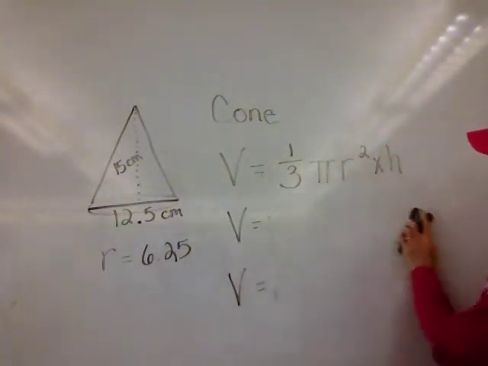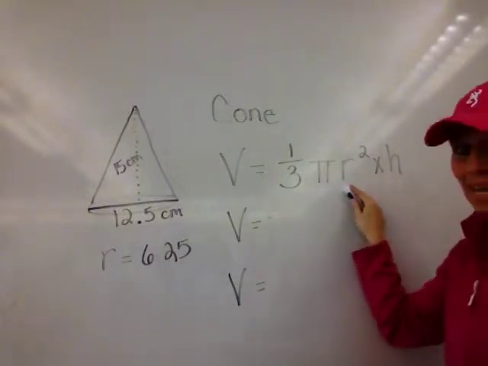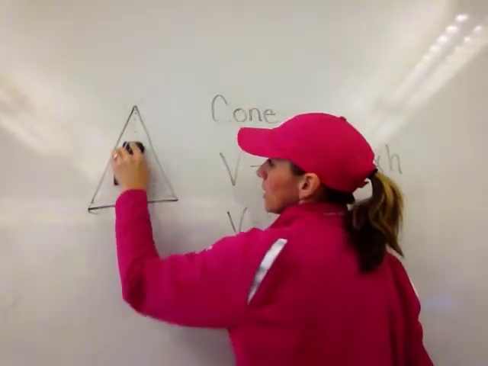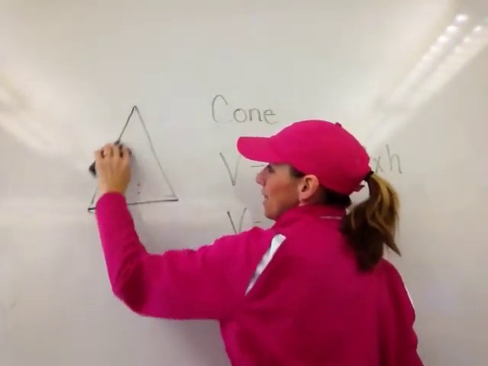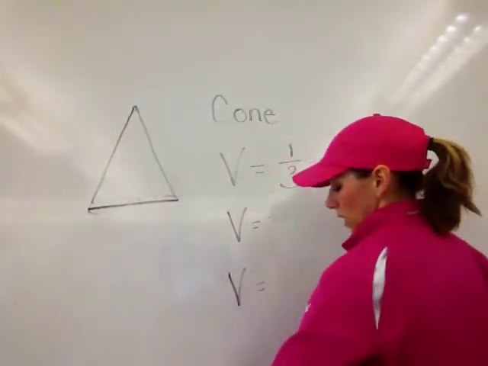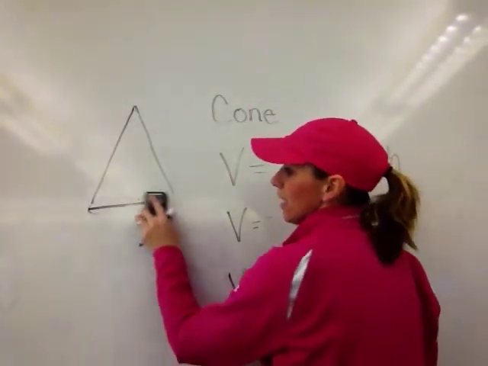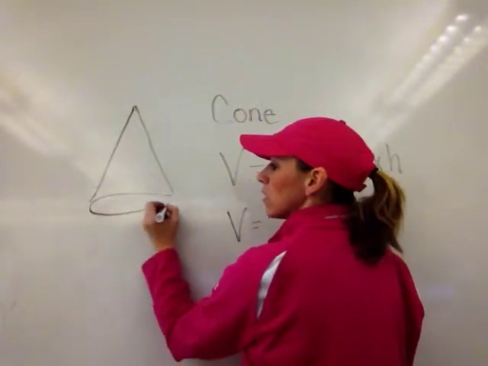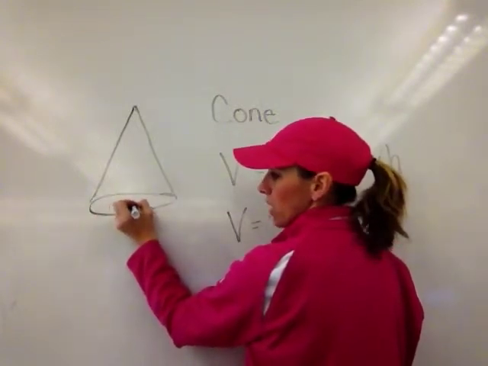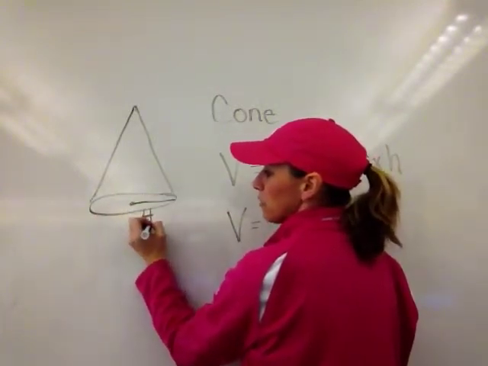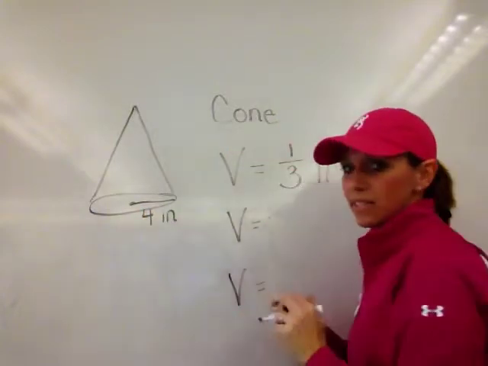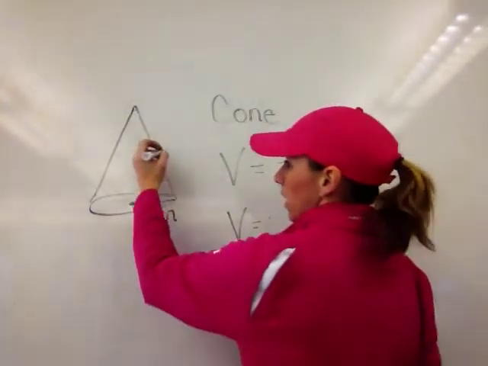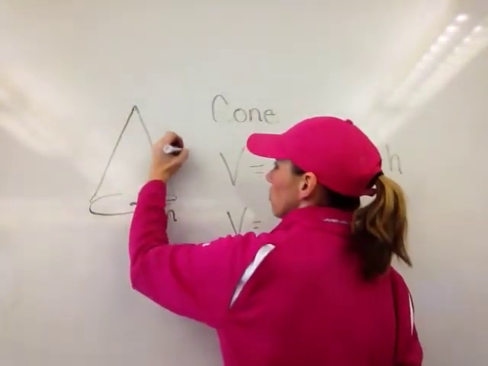Just as a review for you, the formula stays the same, but let's say they do not give us the height, and we'll have them give us the radius this time, just to be nice to you guys. Let's say the radius is 4 inches, and this time they give us the slant, and we'll say it's 12 inches.